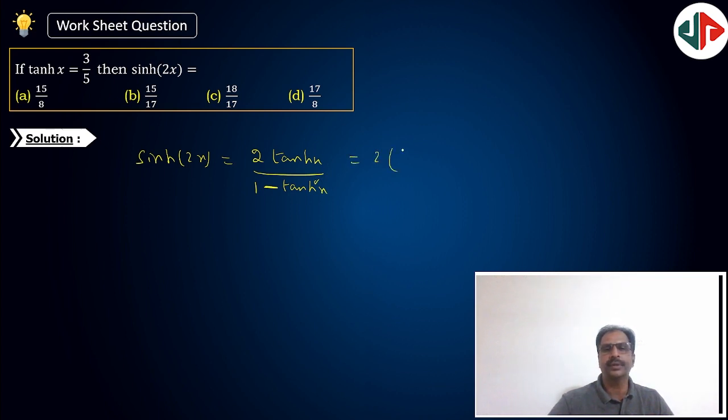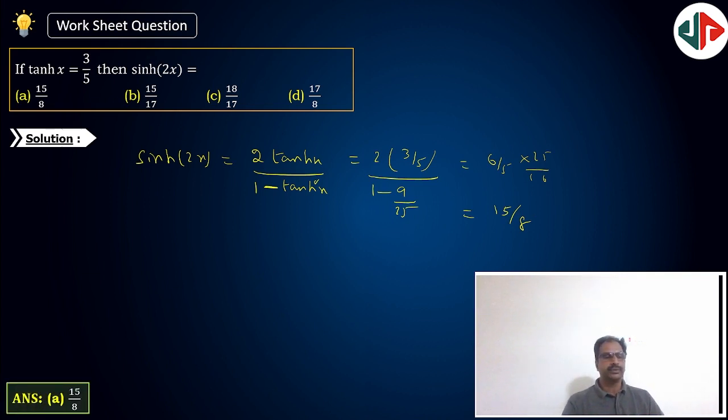That is equal to 2 into 3 by 5 by 1 minus 9 by 25. 6 by 5 into 25 by 16. 30 by 16, 15 by 8. Option A. So sinh of 2x is equal to 2 tanh x by 1 minus tanh square x, and we substitute tanh x.